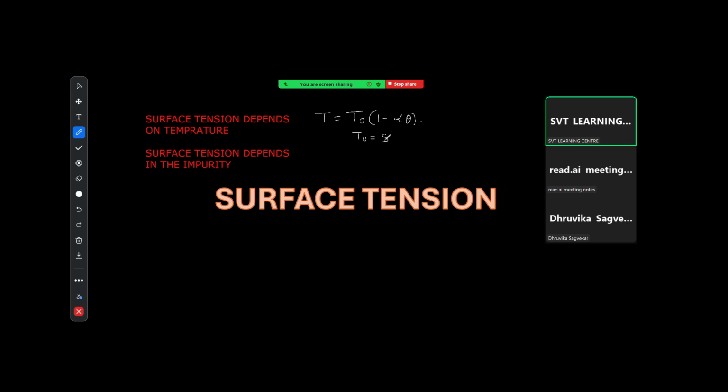T0 is equal to surface tension at 0 degree Celsius. Alpha is the coefficient and theta is change in temperature.